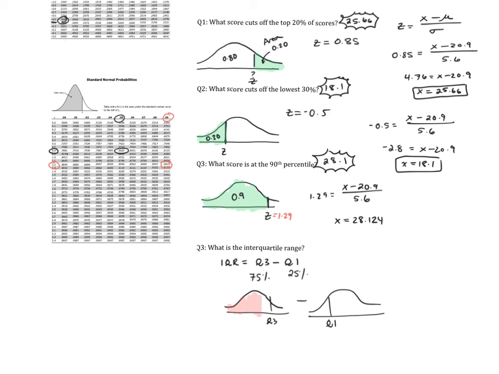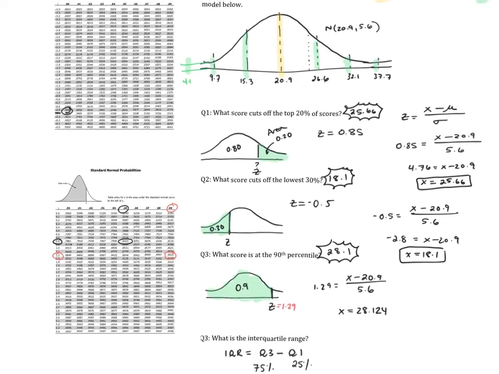So this area is 75%, that's less than Q3. 25% is less than Q1. Oops, I didn't mean to write that. I meant to write the percentages. So I'm going to leave this one to you. Find 0.75 in the middle of the table, 0.25, figure out those corresponding z-scores. You have to convert them to ACT scores first, and then you can subtract them, and that'll be your answer.